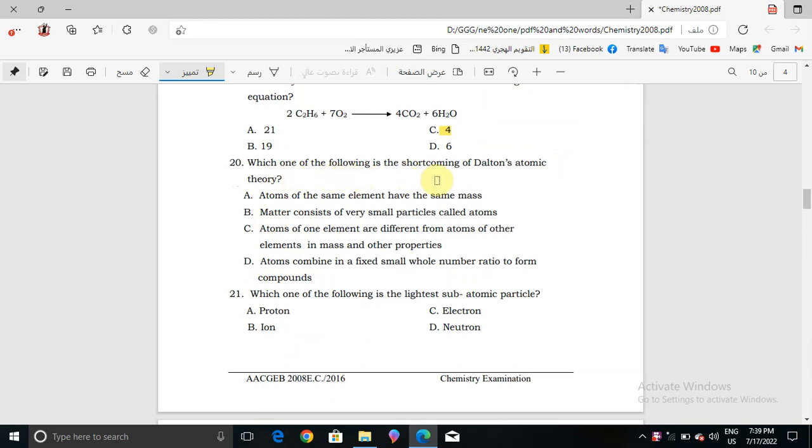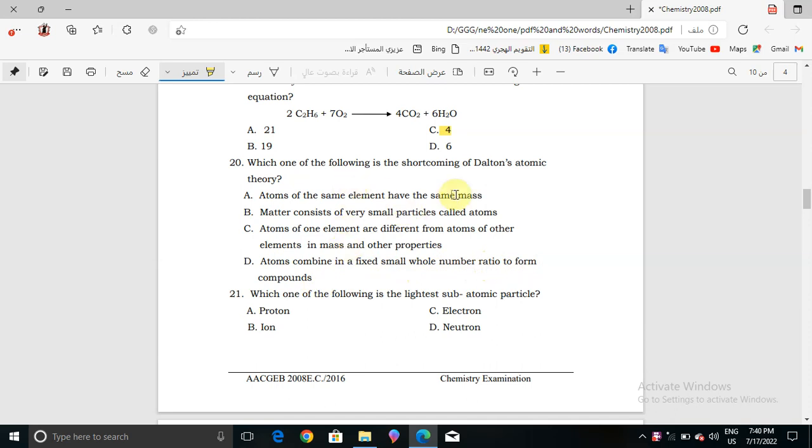Which one of the following is the shortcoming of Dalton's atomic theory? Atoms of the same element have the same mass, or matter consists of very small particles called atoms, or atoms of one element are different from atoms of other elements in mass and other properties, or atoms combine in a fixed small whole numbers ratio to form compounds.